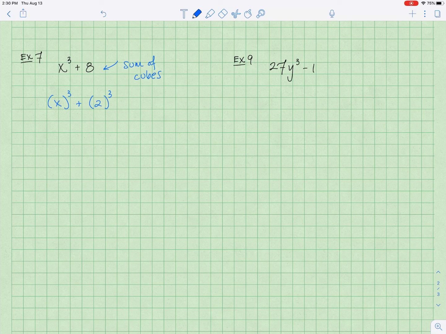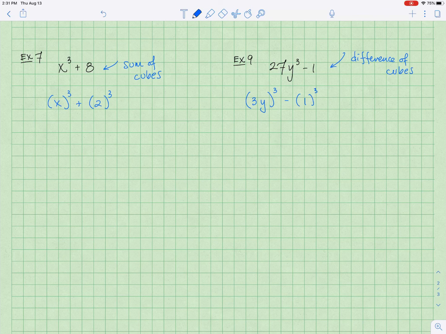It's 2 times 2 times 2. So that's x cubed plus 2 cubed. And this is a difference of cubes. That is to say, this is 3y cubed, because 3 times 3 times 3 is 27, and y times y times y is y cubed, minus, well, 1 is just 1 cubed by default there. So it's still a difference of cubes.